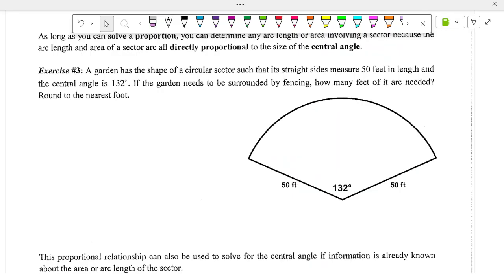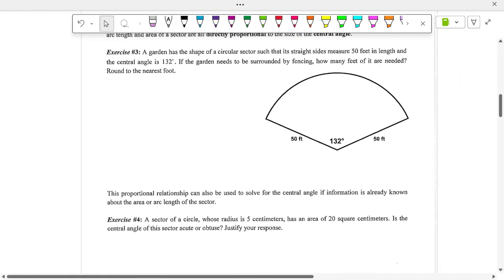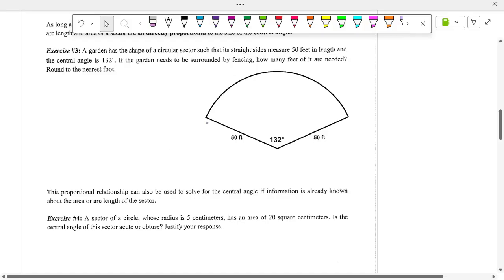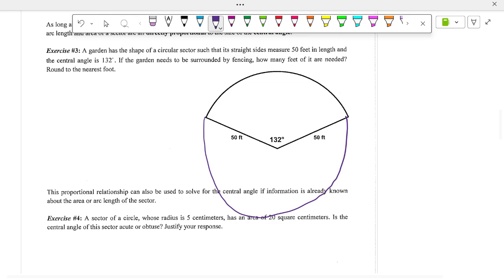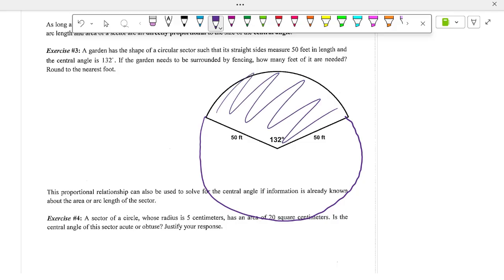So you're still finding the sector area. Just imagine there's a whole circle here. You're finding whatever they want for that sector of the whole circle. So basically exactly what we've been doing. Give it a shot.